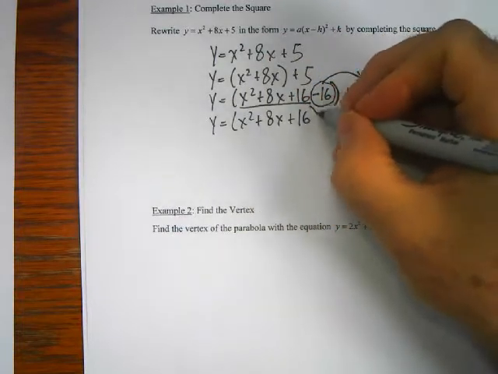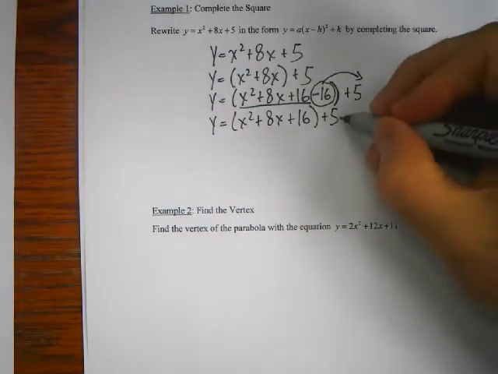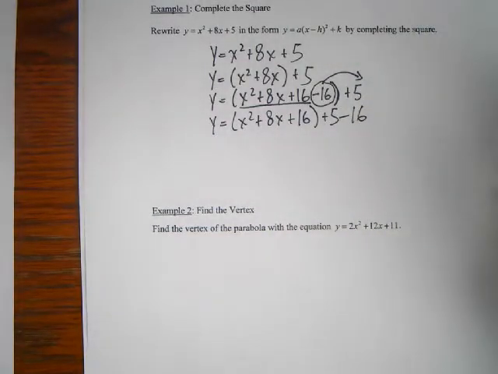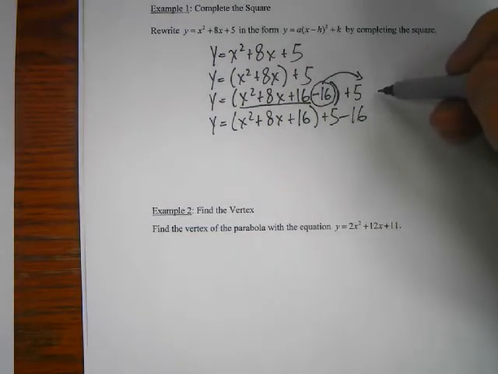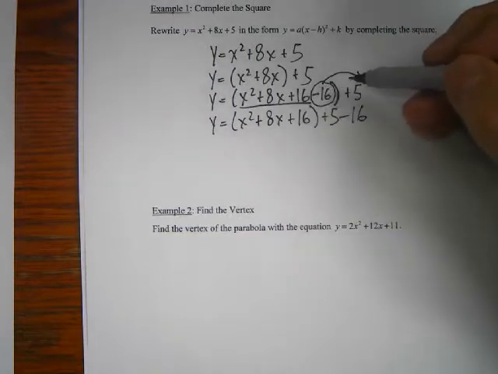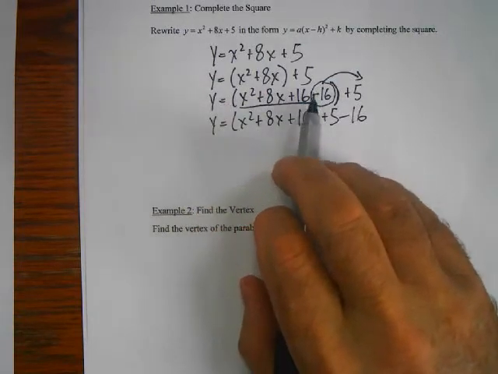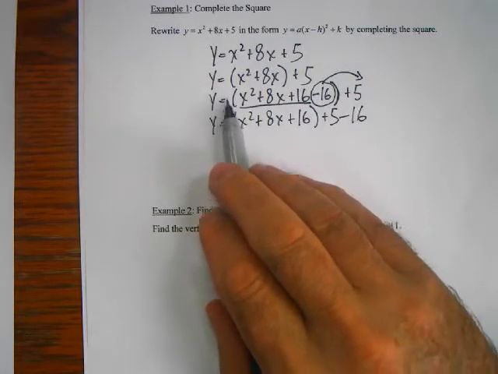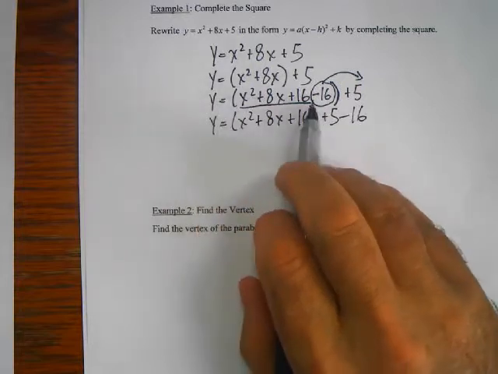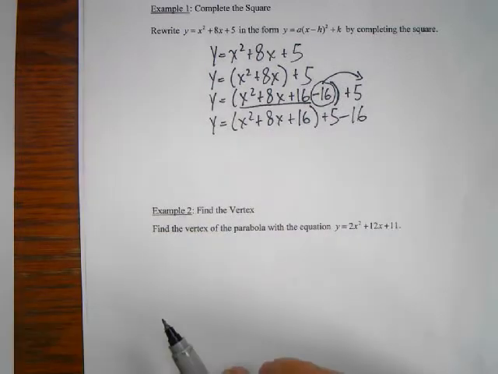I keep the plus 16, close the brackets, and keep the 5 and the minus 16 outside here. You might be saying, why didn't we just send it out in the first place? Well, if I had a coefficient that I'd factored out, which you'll see in the next example, before I can take the garbage out, the minus 16, I'd have to multiply it by whatever was out front first. In this case it didn't change because there was no factor outside, so it just comes straight out.